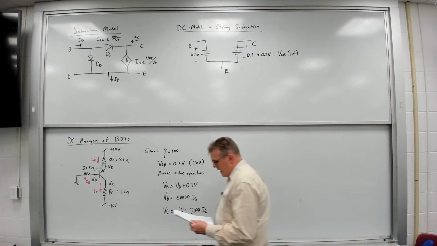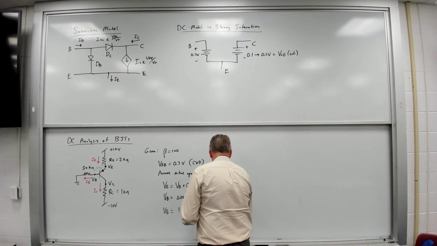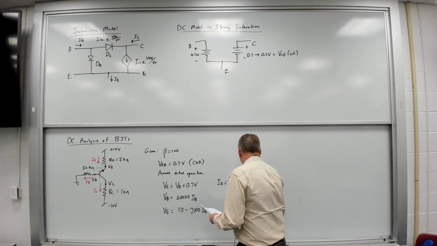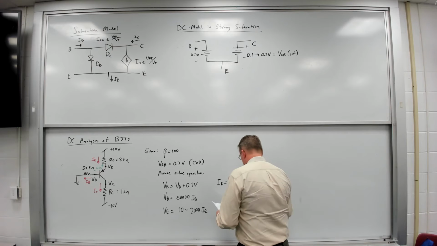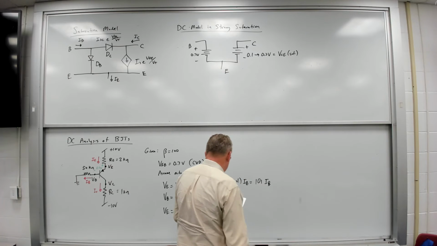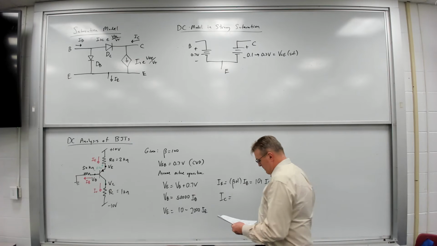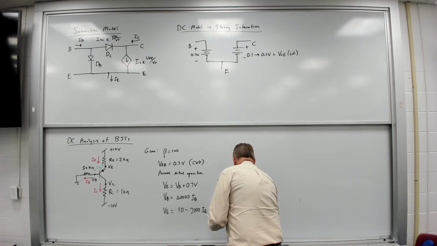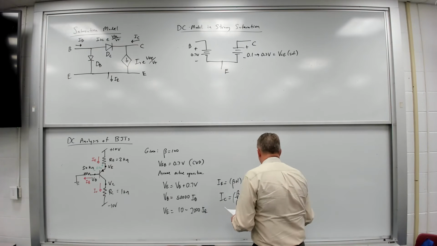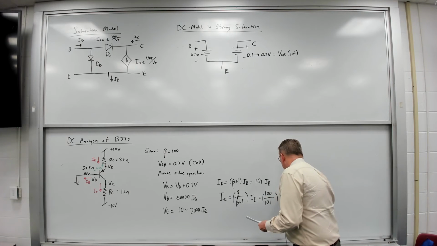Pardon me, I should rewrite that. And in addition, I know that IE will be equal to beta plus 1 times IB, which is equal to 101 times IB. And IC will also be equal to beta over beta plus 1 times IE. That'll be equal to 100 over 101 times IE.